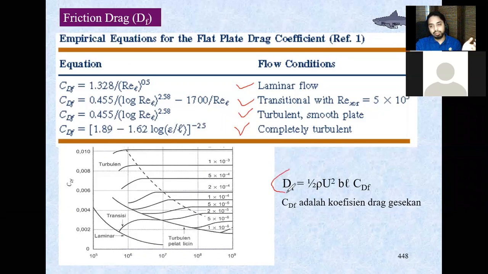This is actually one component of the drag, from the effect of the wall shear stress τw times the area A. But here we ignore the pressure distribution, there is no pressure gradient in our case.